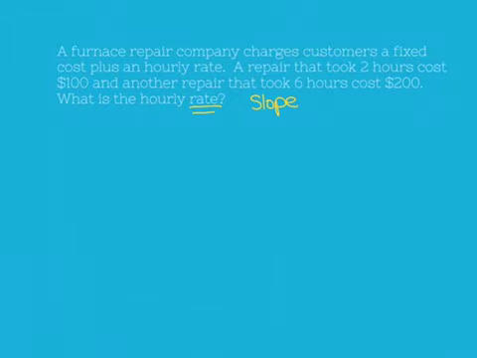So again, these two pieces of information give us an ordered pair. A repair that took 2 hours cost $100, while a repair that took 6 hours cost $200. So this gives us our (x1, y1) and our (x2, y2).